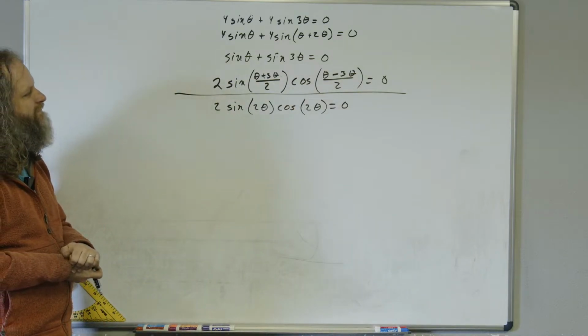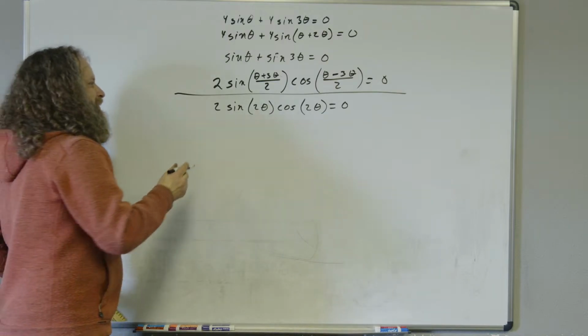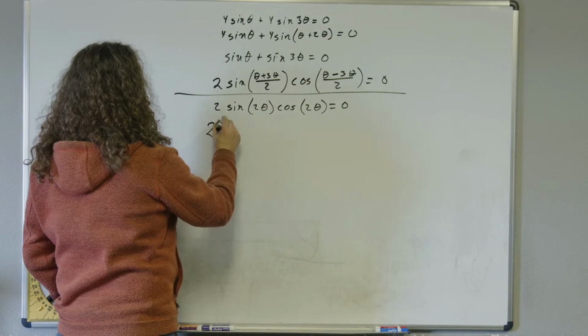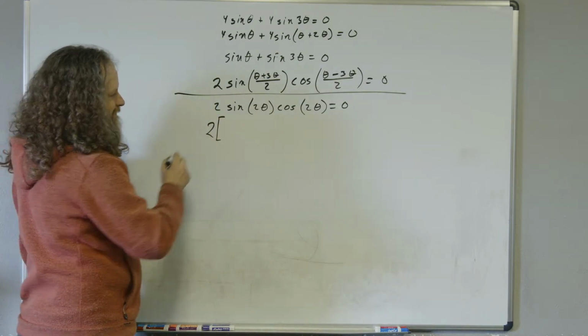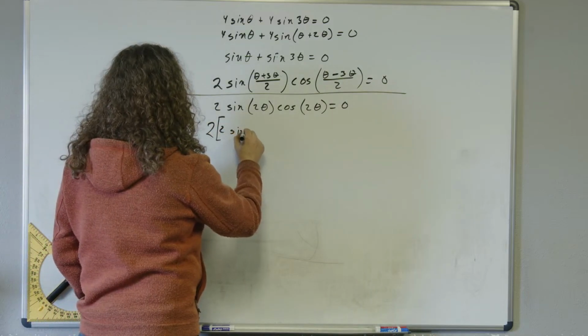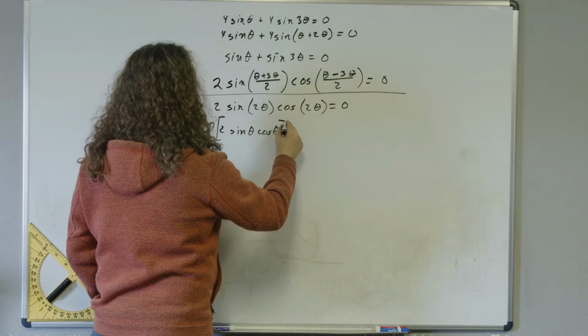Now we can change those into the double angle. We can turn them into double angle identities. So this is going to be 2 times what? 2 times 2 sine theta cosine theta.